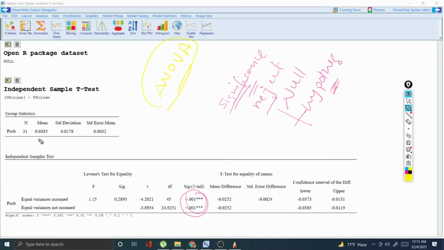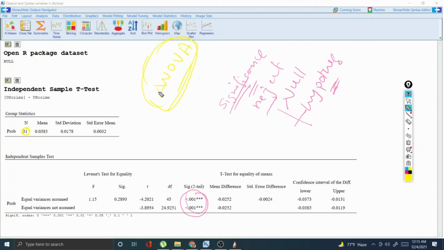And the other point is here, the sample size is 31. So if the number of samples is less than 30 or close to 30, we can always use the t-test. Otherwise, we can go for the z-test or a normality test, or as I said, for more than two groups, we can apply the ANOVA to compare the means of the different groups of observations.